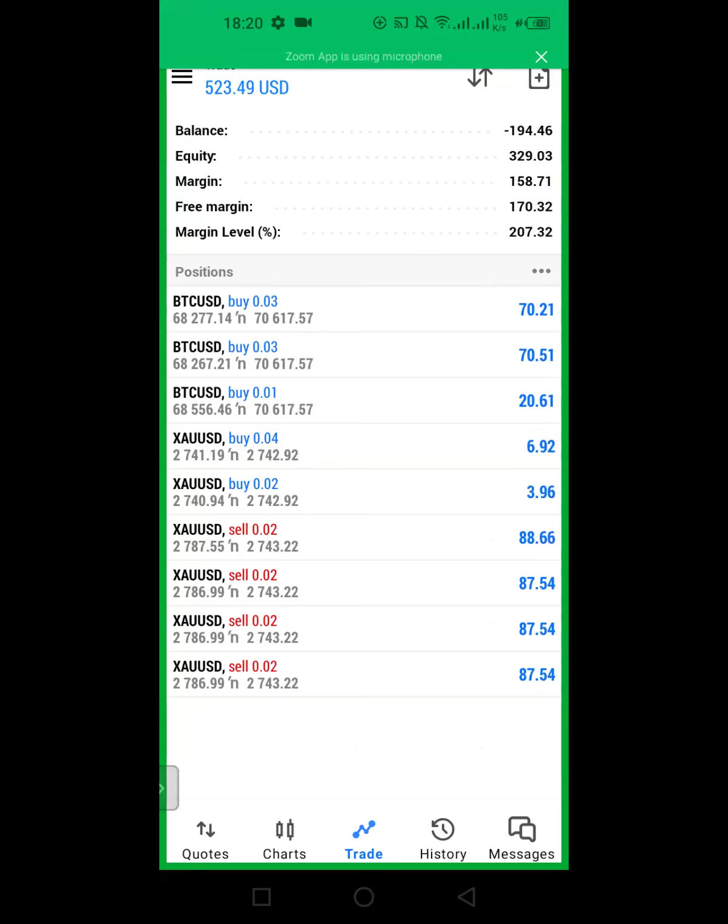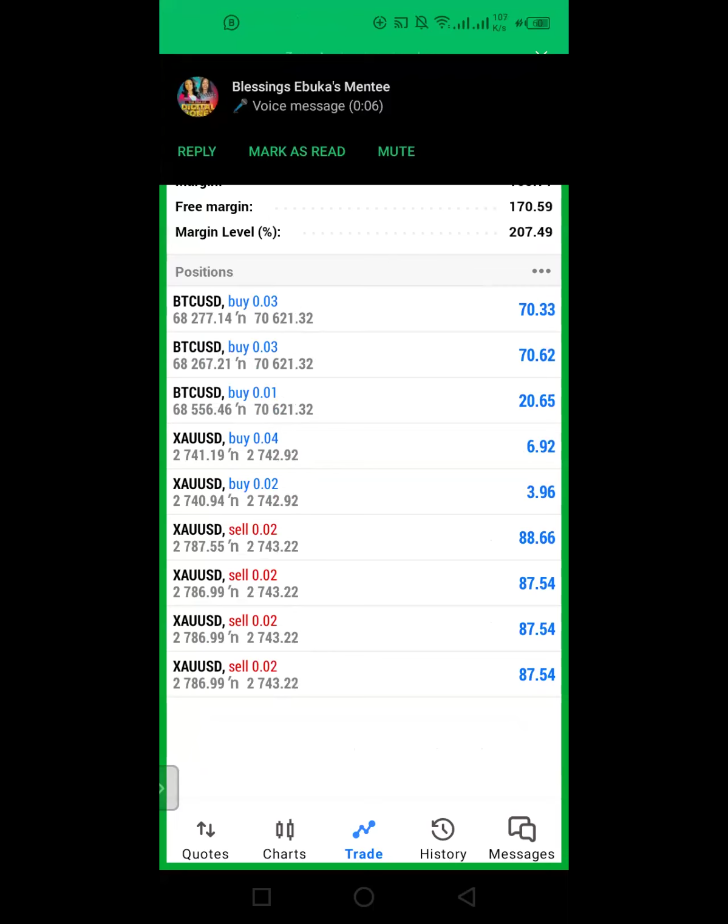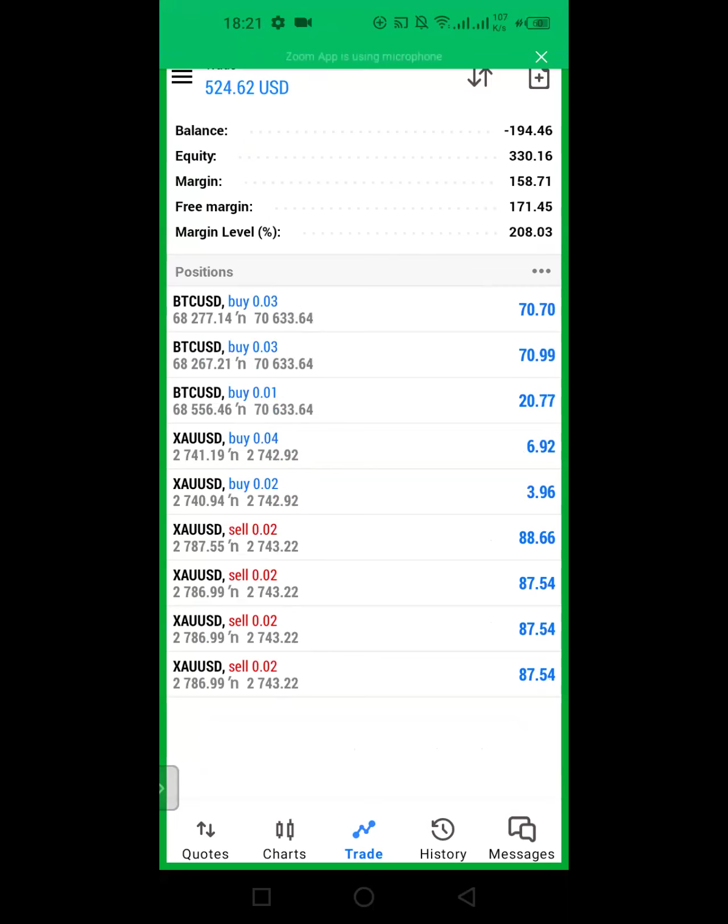You can only take half of 0.02. You can take half of 0.03, 0.04 upward. So from 0.02 upward is how you can take partial profits. For break even, you can only break even with 0.01. You cannot take partial profits. I'm going to explain what I mean so you won't get confused.